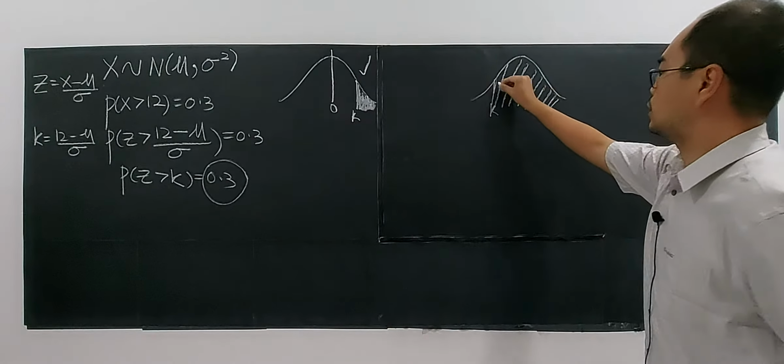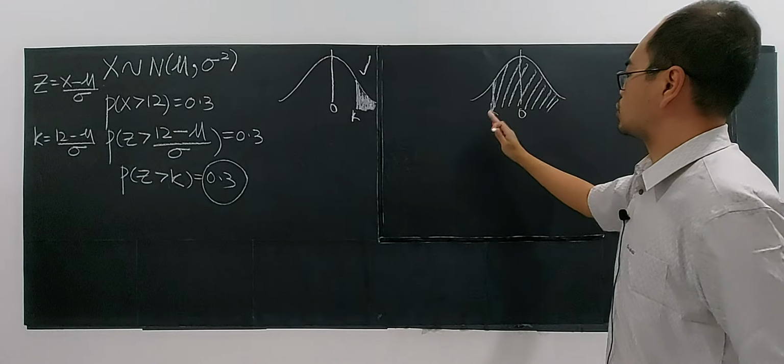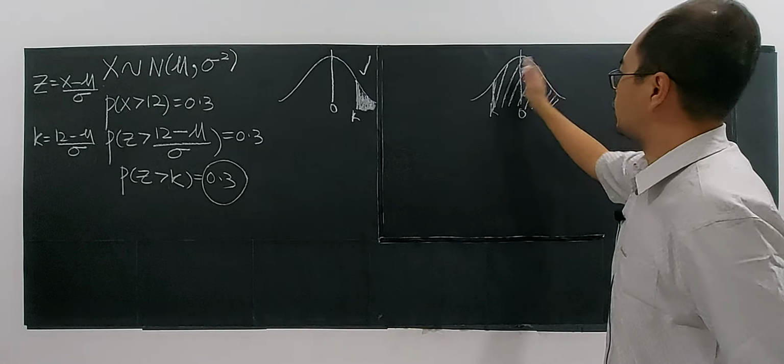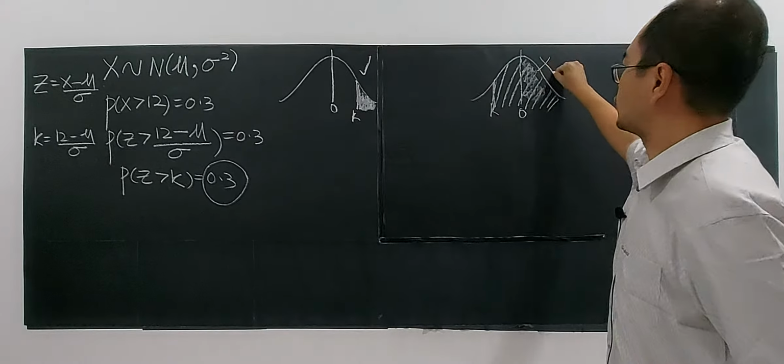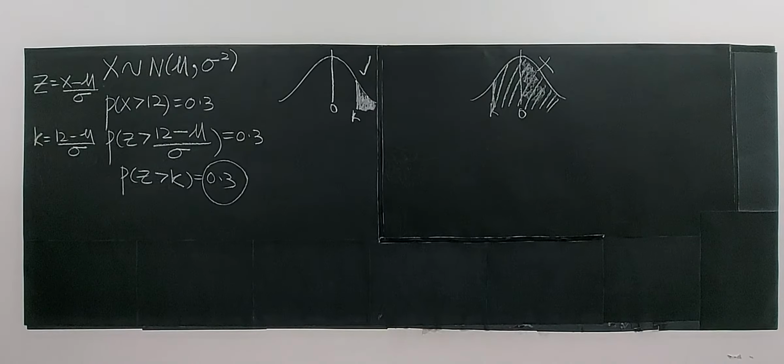It will be on the left-hand side of the mean 0, because the area should be more than 0.5. Definitely this is not the case here, it's just 0.3. You have to clearly know about this.